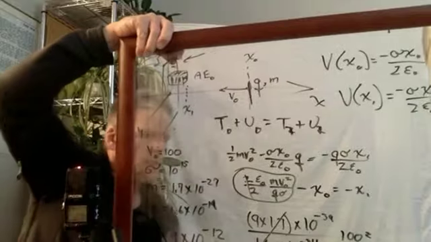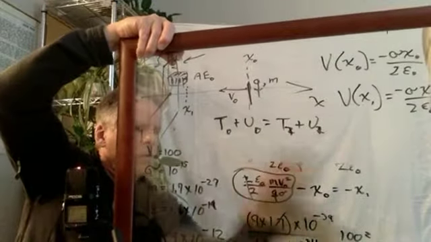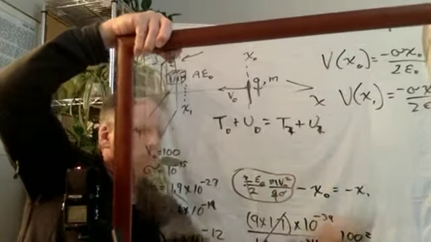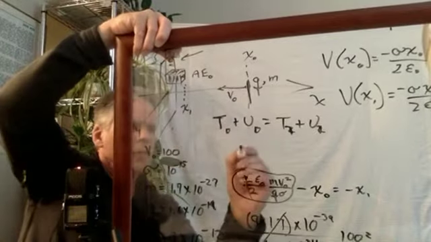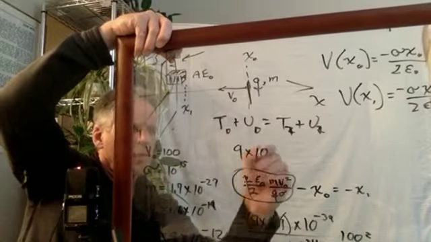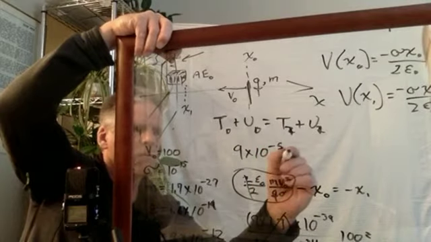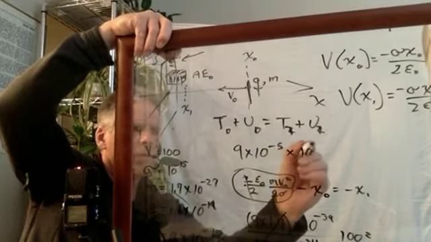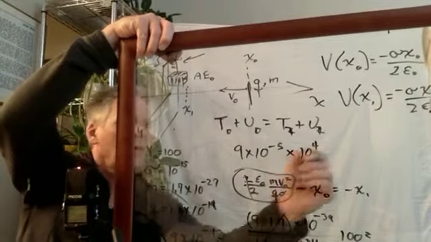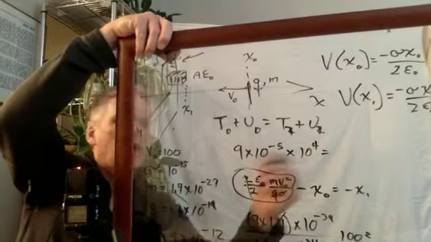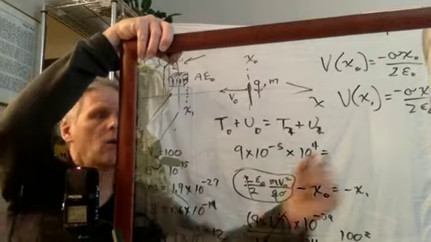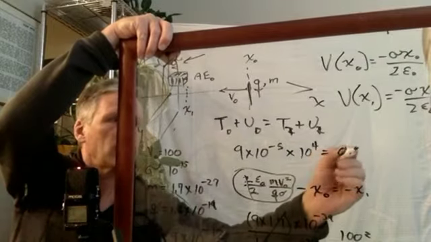So we have, this is 9 times 10 to the minus 5 times 10 to the 4th from my V0 squared, which is just equal to 9 times 10 to the minus 1, or 0.9.